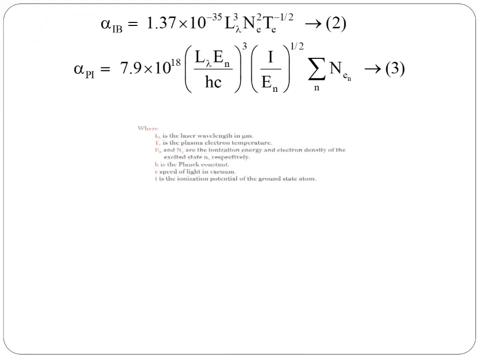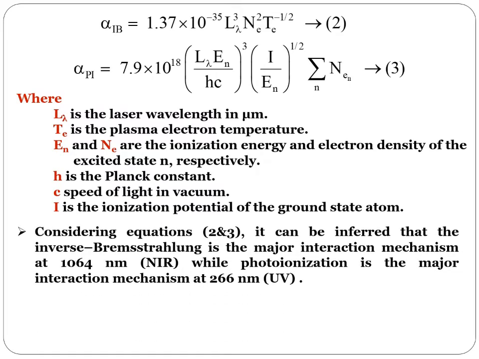From these relations, we found that inverse Bremsstrahlung is most probable for near infrared, while photoionization is most probable for the UV.